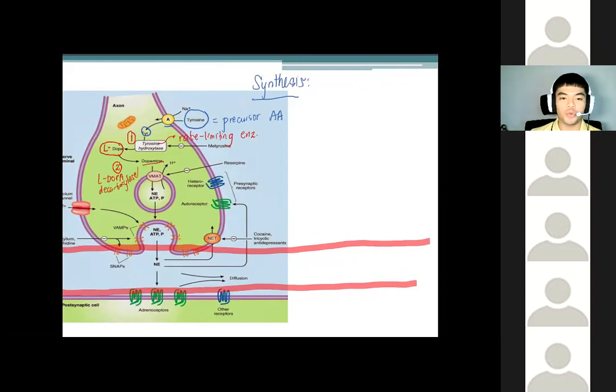So via L-DOPA decarboxylase, we have dopamine. And as you can see, of the three natural catecholamines we keep mentioning, the first catecholamine being synthesized is dopamine. It is the first one made out of the three.